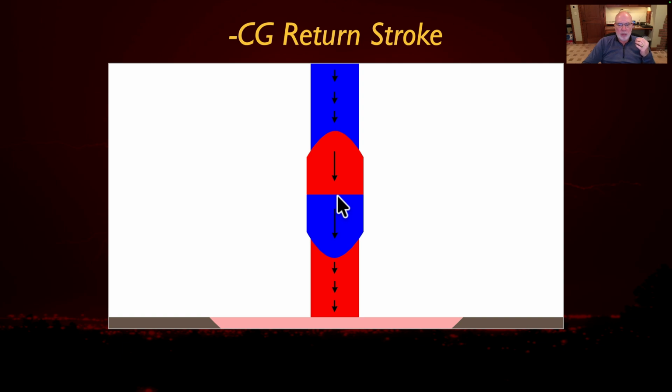And so you get this bright return stroke as a result. It's incredibly bright and incredibly fast propagating, and that increase in acceleration, brightening, and heating goes in two directions.